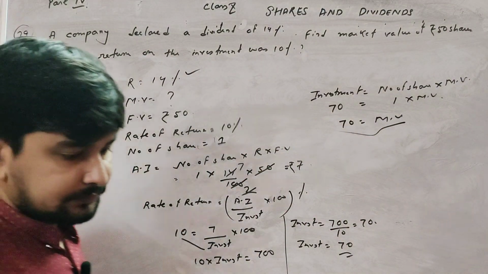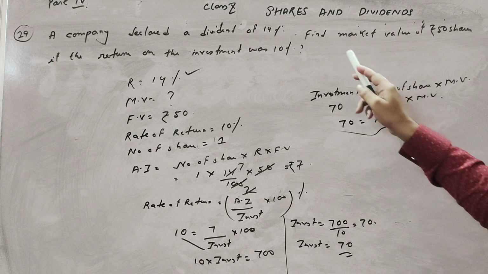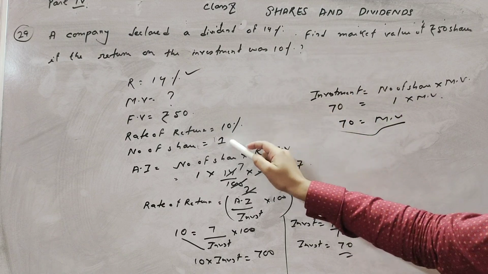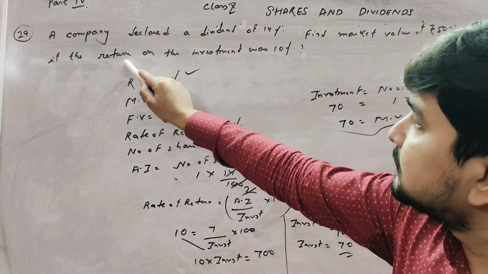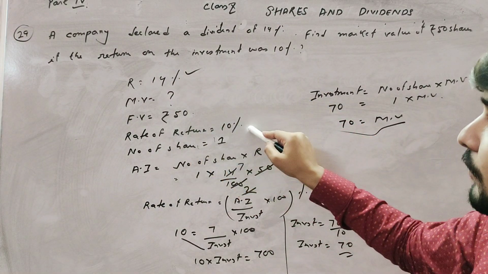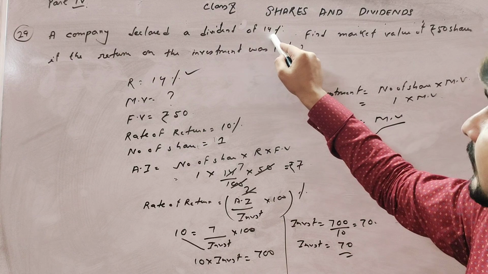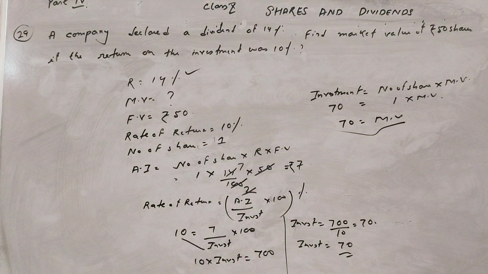So we have found the market value, that is 70. Never get confused: return on investment is always the rate of return, and the dividend given is the rate of dividend, 14%. Don't confuse them.